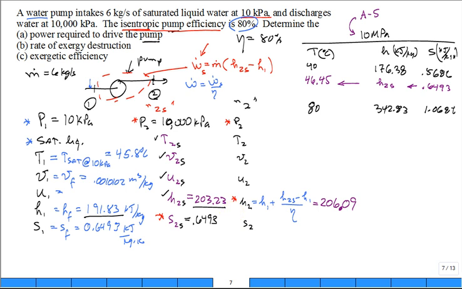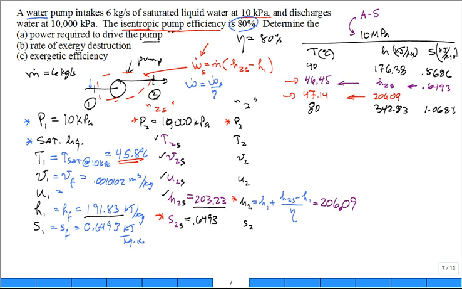Somebody says, I wonder, could I come back to this table and put in the 206.09? And could I then look at the actual exit water temperature? Sure, it comes out at 47.14. So the water came in at 45.8. Isentropic compression, or in the pump, not compression, but isentropic pressure boost in the pump gives you the 46.45. That's an approximation due to linear interpolation. And then if you include the 80% isentropic pump efficiency, it's now 47 degrees.